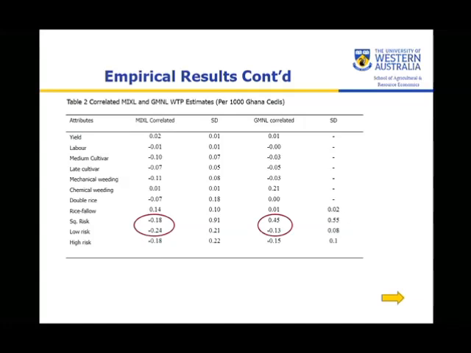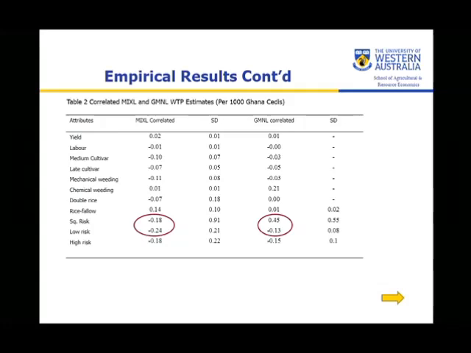So you realize that farmers associate positive value with yield, with chemical reading, and rice fallow system, so you have one season of rice production, and then the next season is fallow. Coming to the GMNL model, we still have positive value associated with yield and negative associated with labor. So in essence, the two separate models produce similar results.